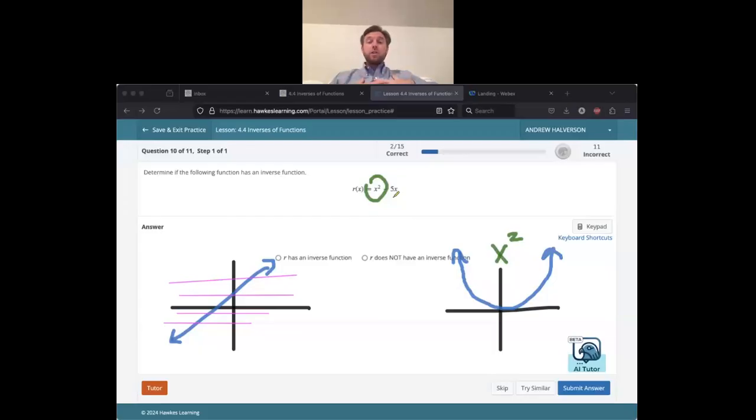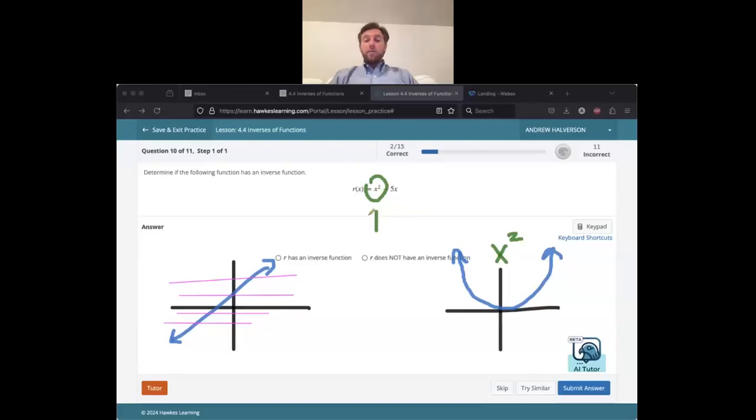That's what you should be doing too, is going back. Remember a couple lessons ago, what's the base function? What does the graph of the base function look like? And would it pass the horizontal line test? And if the base function wouldn't, then whatever you're dealing with won't either.